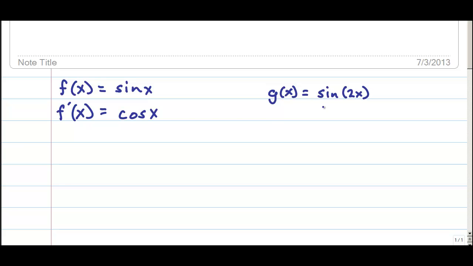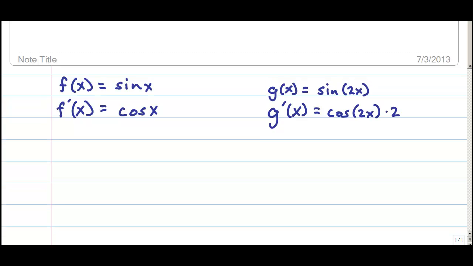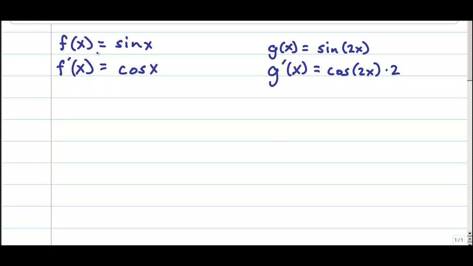When we're finding the derivative, we take the derivative of sine just like usual, and we keep the 2x. But we have to remember to take the derivative of the inside, the derivative of the 2x, which is 2. Now, if we tried that for f of x, we would take the derivative of x and just get 1. So really, we don't need to think about the chain rule for f of x equals sine x.